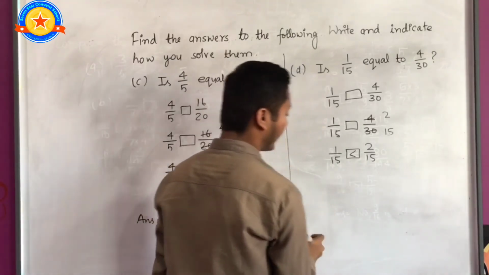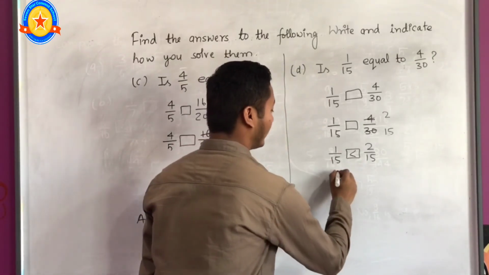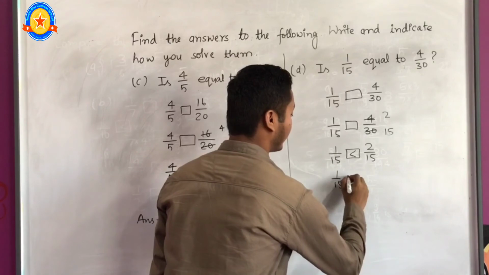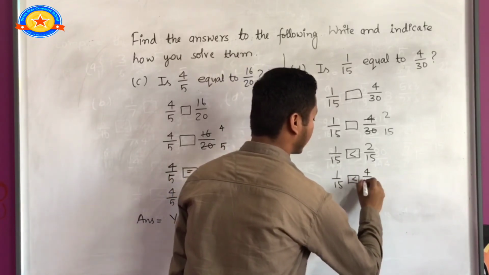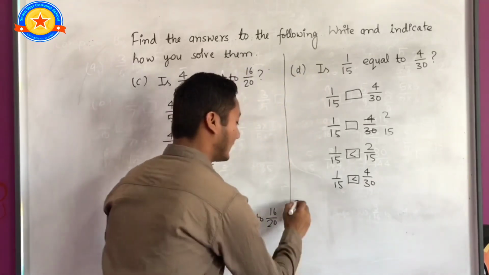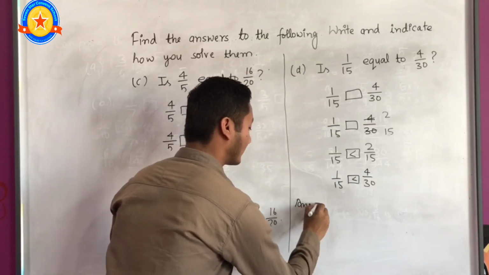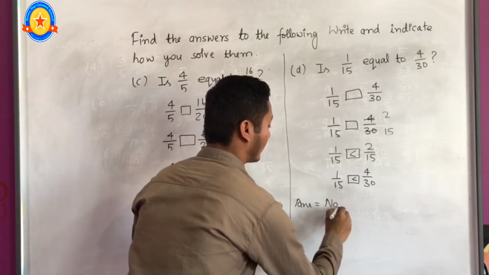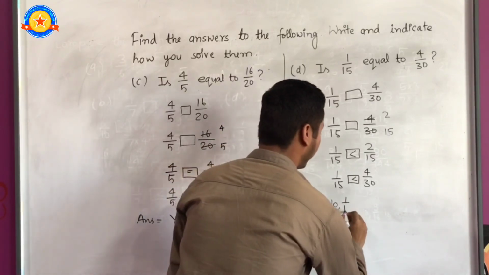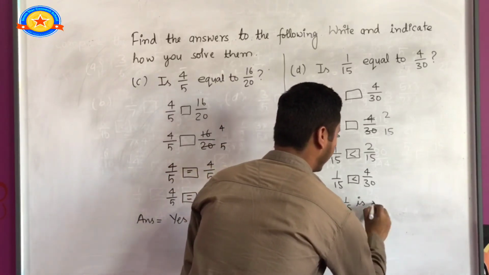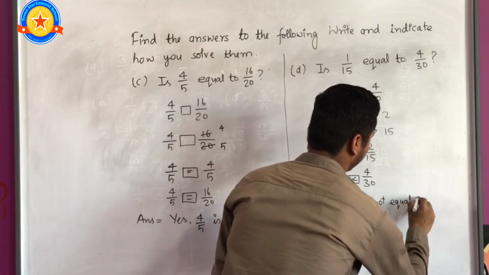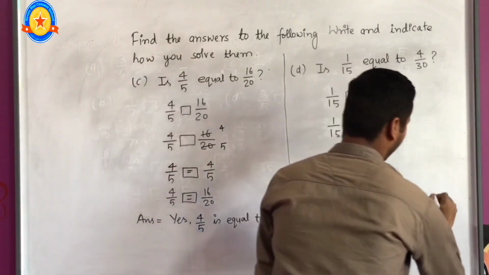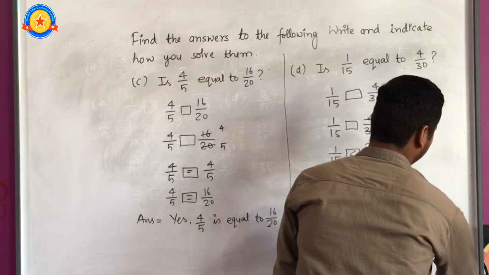That's why we can say, write in original form, 1 by 15 is smaller than 4 by 30. Our answer will be no. 1 by 15 is not equal to 4 by 30.